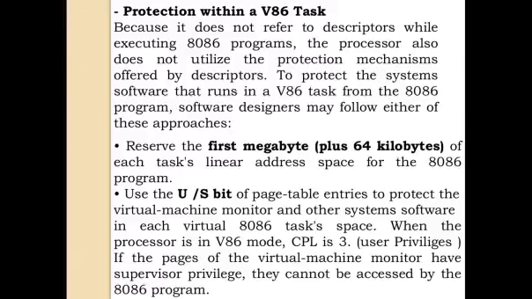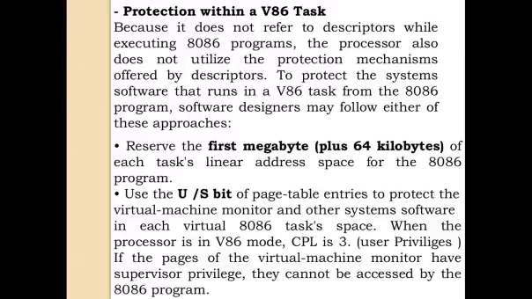So instead of using some other memory space, use the first megabyte plus 64 KB of memory space for the 8086 task only. So it will not go outside the current memory slot, that is the memory slot of 80386. If it jumps to outside memory, then the protection is not possible.